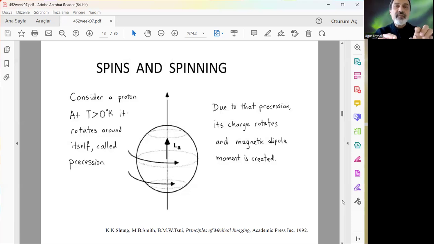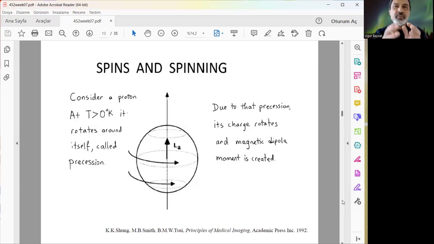The most important element for MRI is water, or the hydrogen atom, or proton. The proton spins around itself, so it creates its own magnetic dipole moment. It's like a rotating charge accumulation. If charge moves or rotates, then it creates a magnetic field around it.